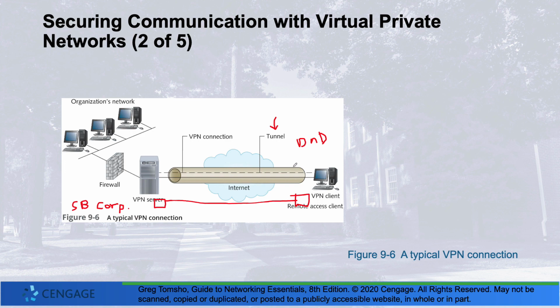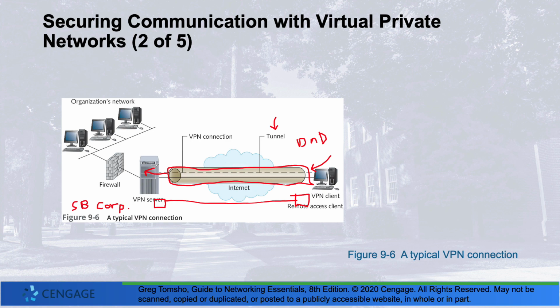And a tunnel is a private little tunnel that's created over the public internet. And everything that flows within this tunnel is encrypted, so nobody can read it unless they have the certificate or the pre-shared key that I have set up.